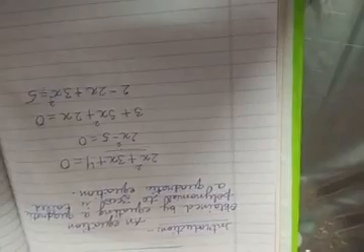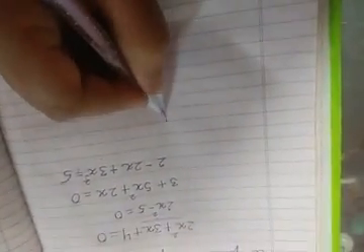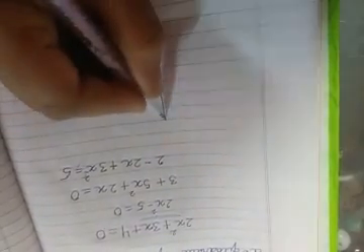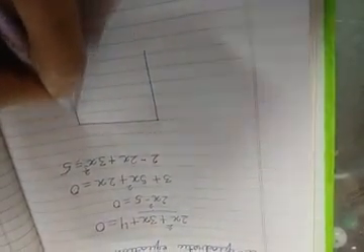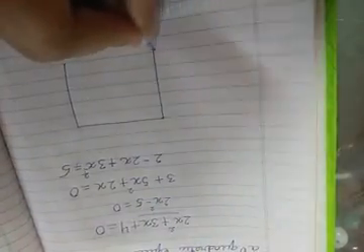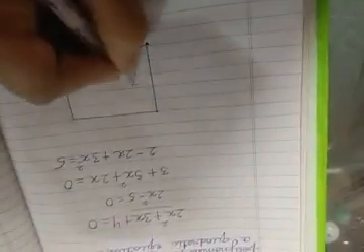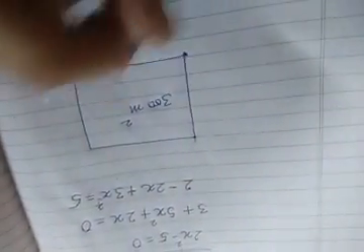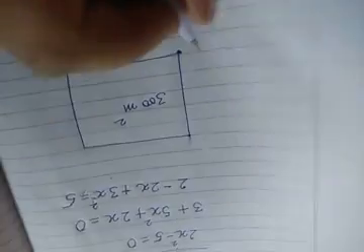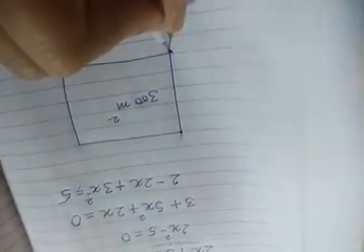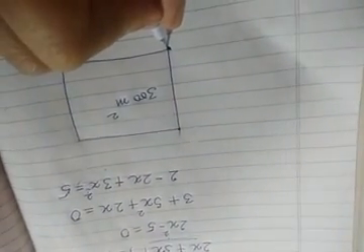Okay, so now there may be many real life situations related to quadratic equations. Suppose a constructor wants to build a room of area 300 meter square, whose length is 1 more than twice its breadth.